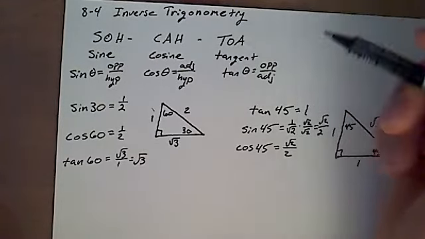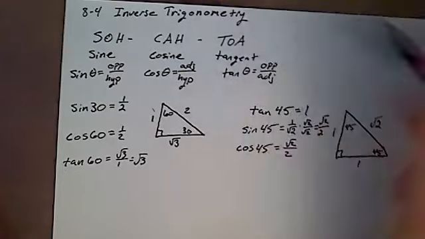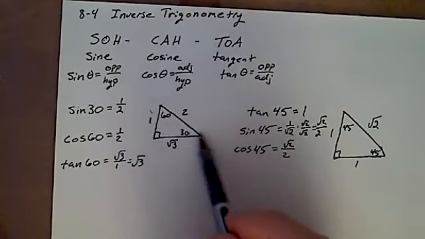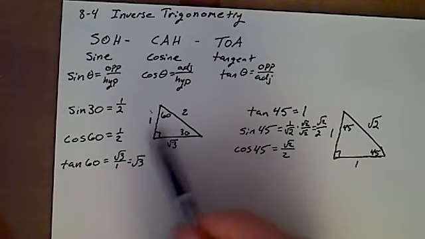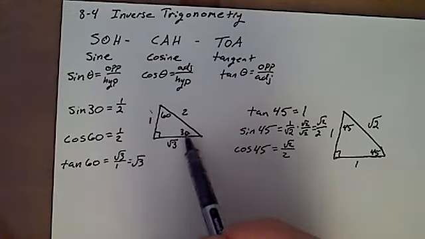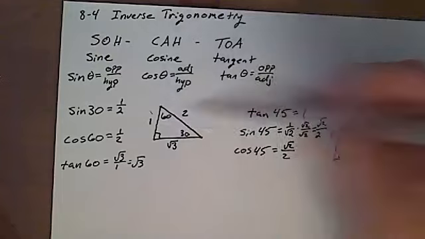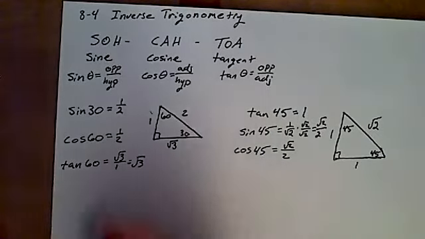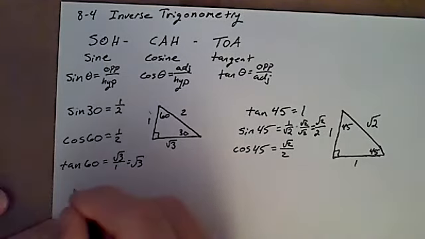Okay, so if we could compare the sides, anytime that there are sides of 1 and a hypotenuse of 2 in a right triangle, right, the angle that's opposite the 1 should be 30, and the angle that is adjacent to the 1 should be 60, right? So how we do this is something called inverse trig.